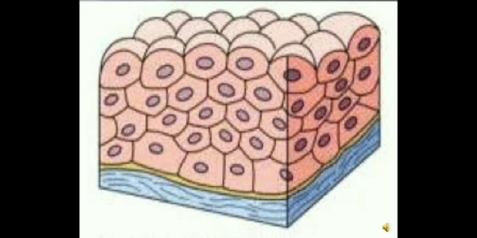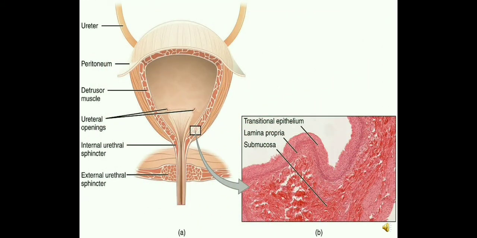Only this is the difference between stratified and transitional epithelium. Now, an example is the urinary bladder because it can stretch. So here, if we talk about function, it has only one function, and the function is distension of the organ.